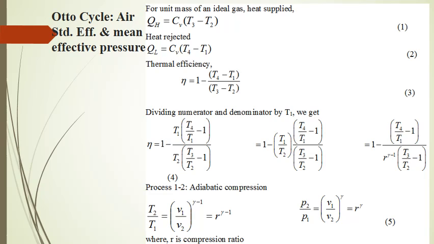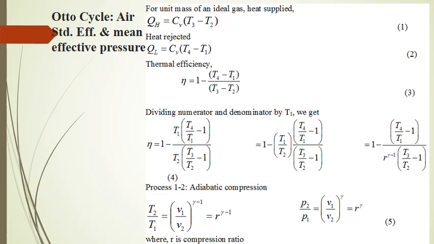Similarly, heat rejection takes place at constant volume. So heat QL is equal to Cv into T4 minus T1. Thermal efficiency is equal to work done upon heat supplied, or you can say work done can be made equal to heat supplied minus heat rejected. So what we get is 1 minus heat rejected upon heat supplied.